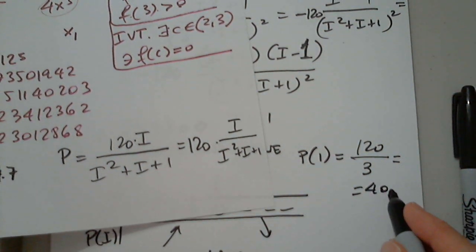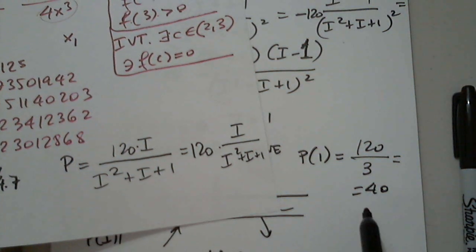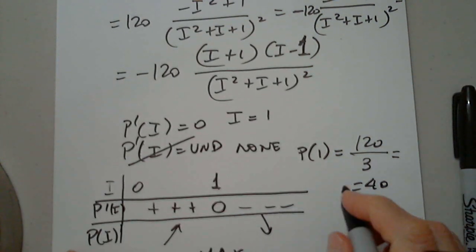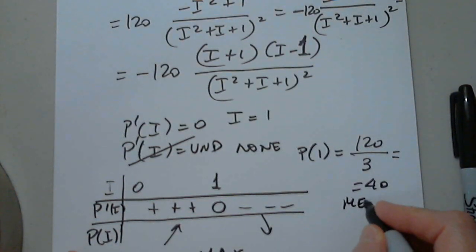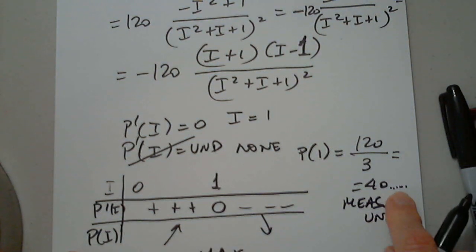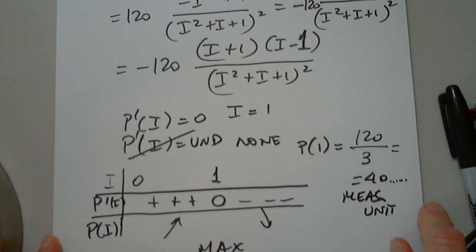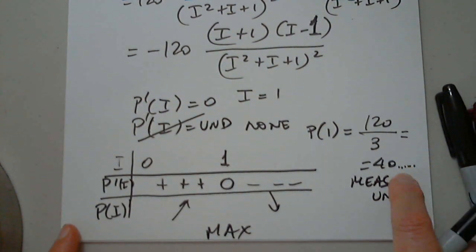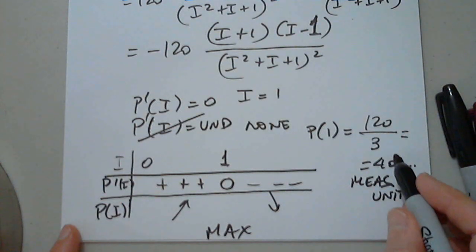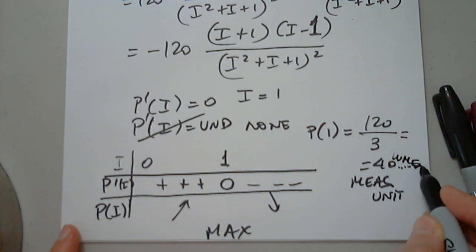And please do not forget, I don't know if the intensity is measured in lumens, or I'm not sure, whatever they're giving us. Never forget the measurement unit. Whatever it is, you have to write it here. If it's meters, if it's centimeters, if it's feet, if it's inches, whatever it is, you have to write it here. So they didn't tell me what, that's okay, so I'm going to say lumen.